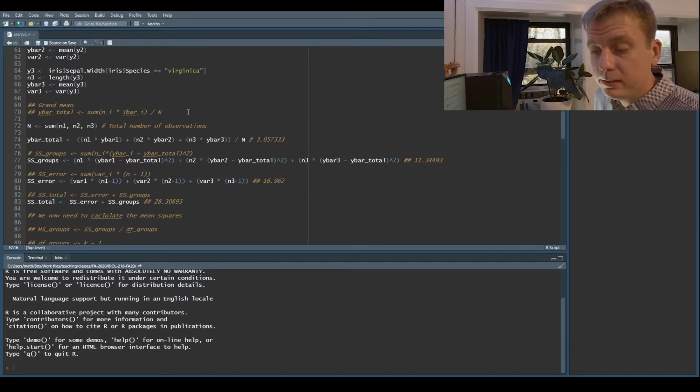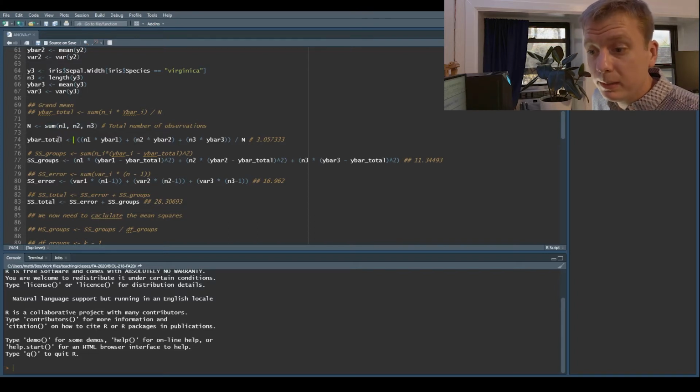We then need to take our grand mean, which remember is the sum of the sample sizes of each group times the average of each group divided by the total number of observations in all groups. And so first, let's just figure out big N. So that's simply the sum of N1, N2, and N3. That makes sense, right?